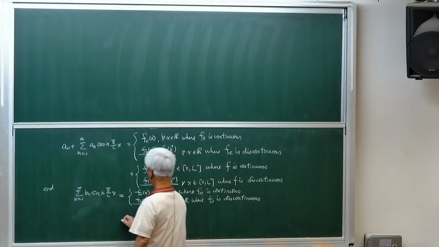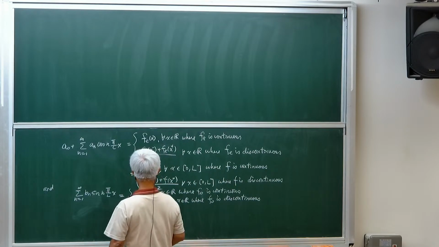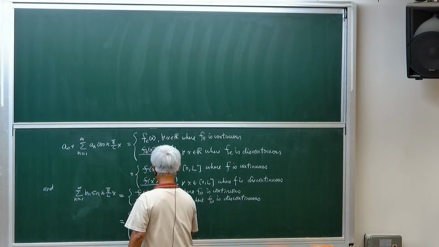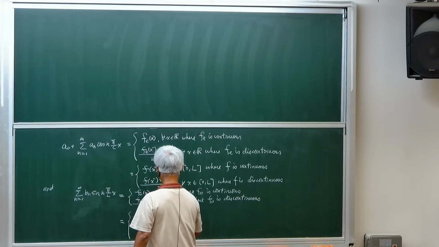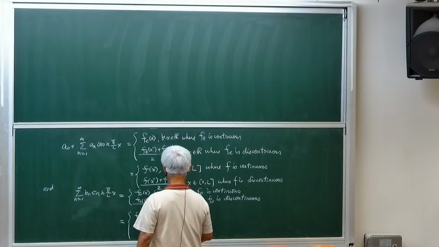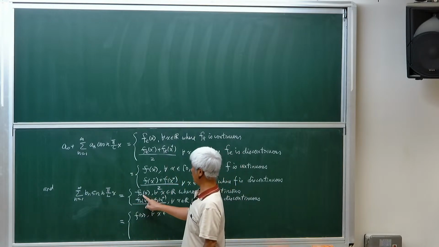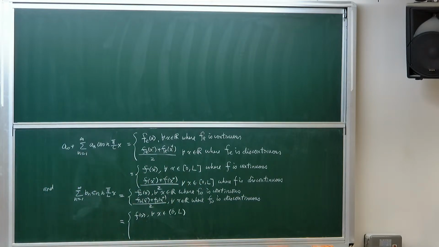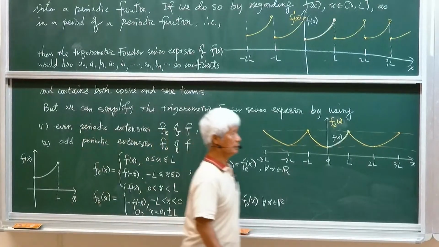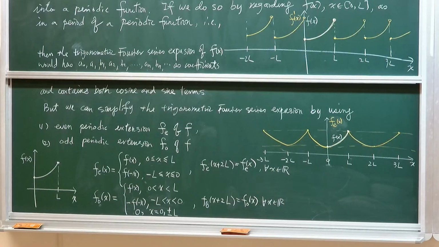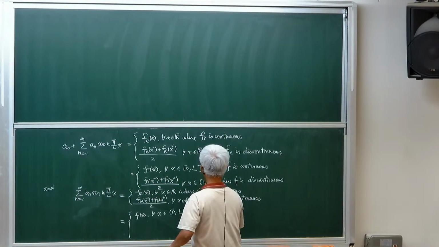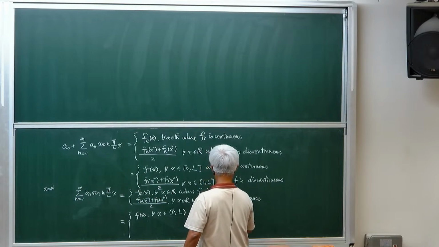Now it is equal to f(x) for all x in (0, L), because f_o(x) is equal to f(x) when x is between 0 and L, but may not include 0 and L. So just here, where f is continuous.